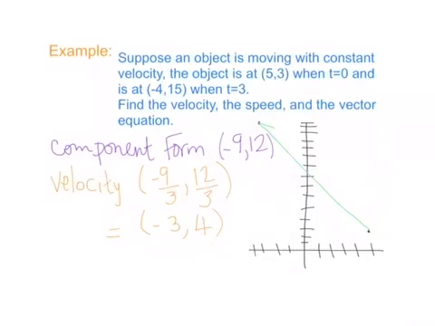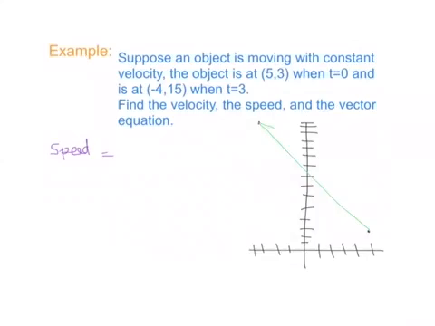Now to find the speed, I just got to find the magnitude or the length. And again, that's for 1 unit of time. So the speed is really the length of the velocity, so the length of the component vector over 1 unit of time. So we agreed that the velocity over here was negative 3, 4.